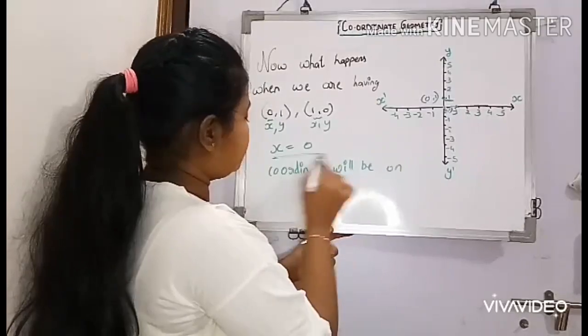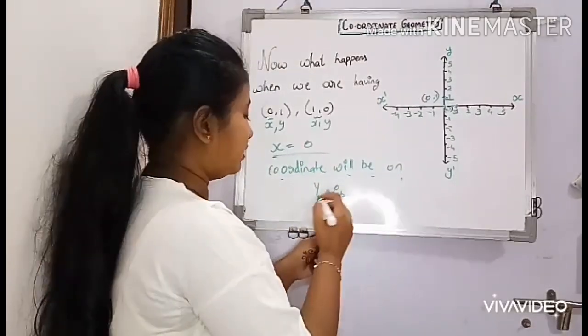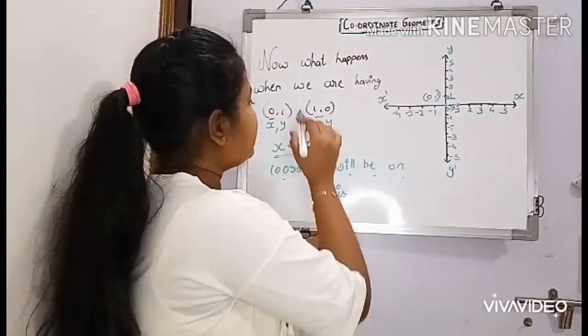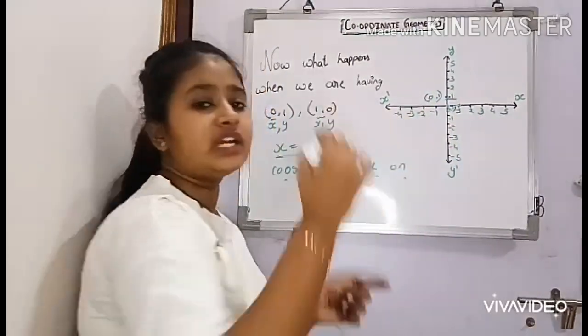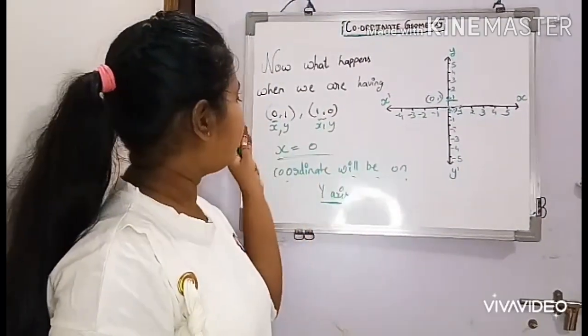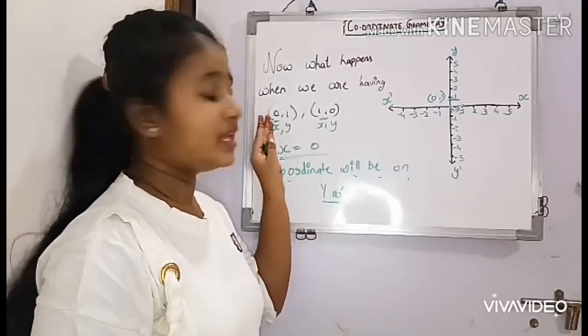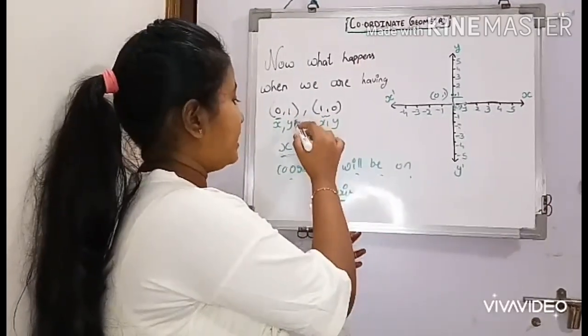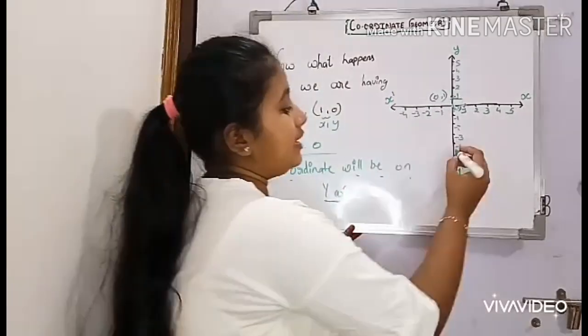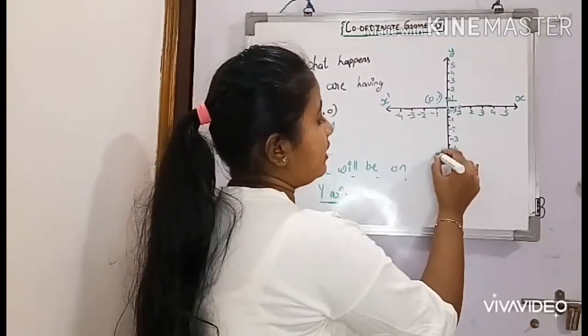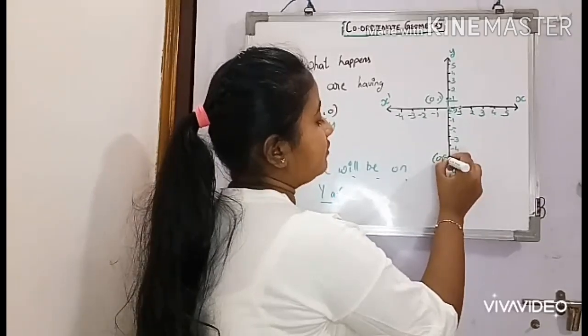Whenever x is 0, the coordinate will be on the y-axis. You can write directly: whenever x is 0 and you know y, if y is -5, you will directly put it here and write 0, -5.